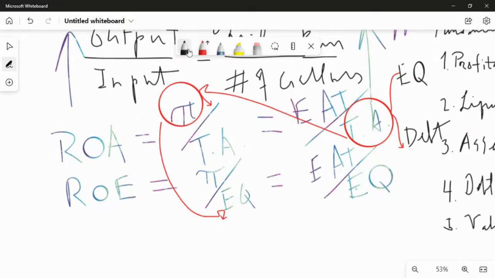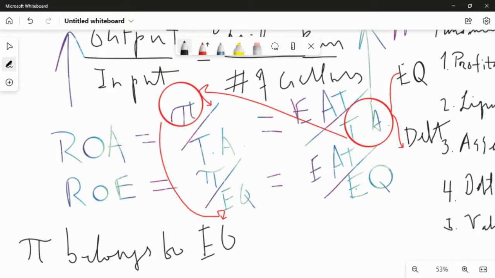In other words, debt holders to equity holders. It's hard to write here, right? In other words, stockholders, right?